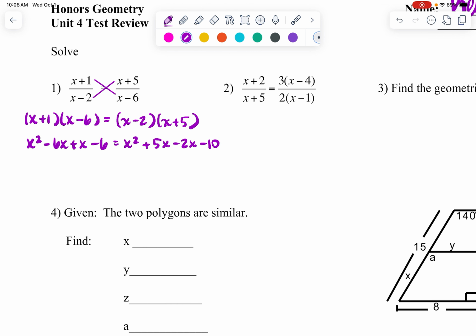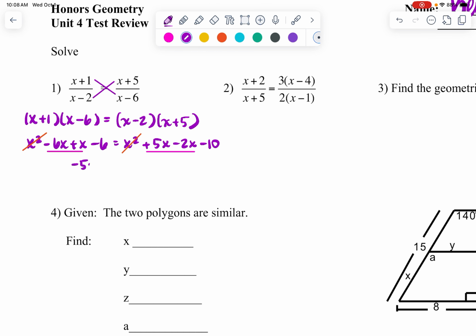All right, and then the cool thing about this problem is it looks like a quadratic, but the x squareds would actually subtract and cancel each other out, which is pretty awesome. So that means that I just need to worry about solving for x. So I'm going to go ahead and combine my like terms on each side and get all my x's together, which of course you could have done in your head as you were FOILing or double distributing.